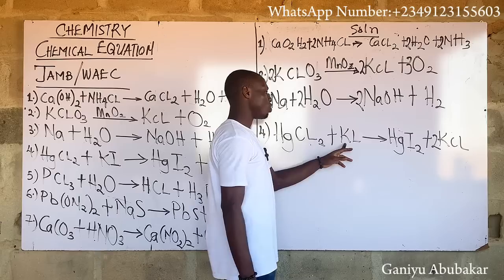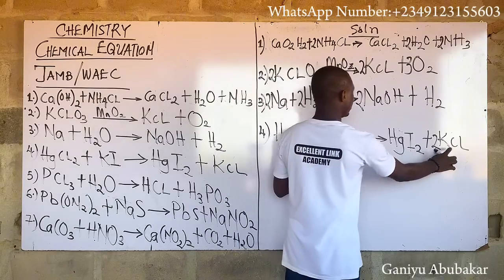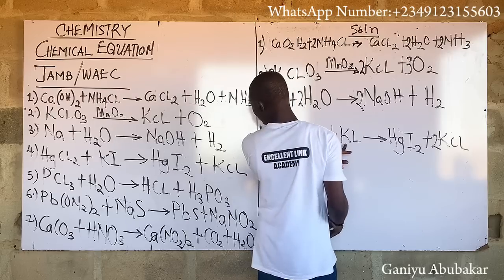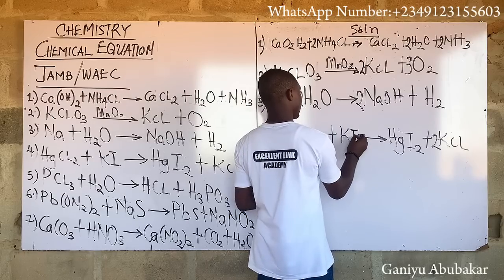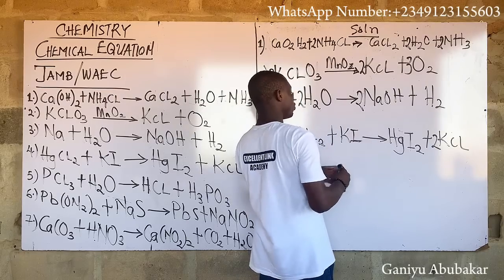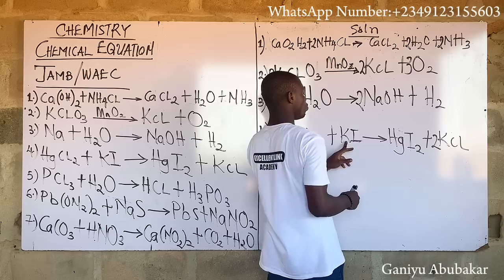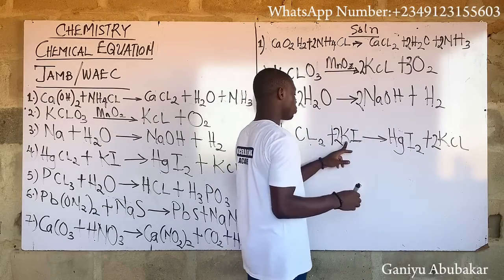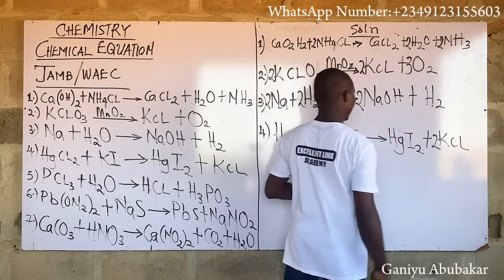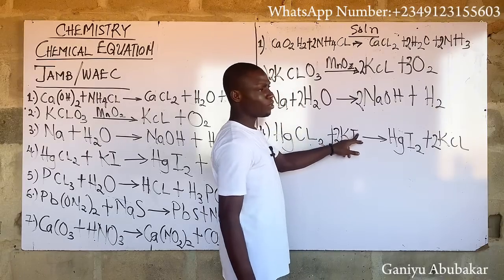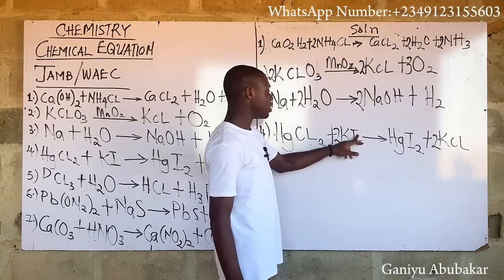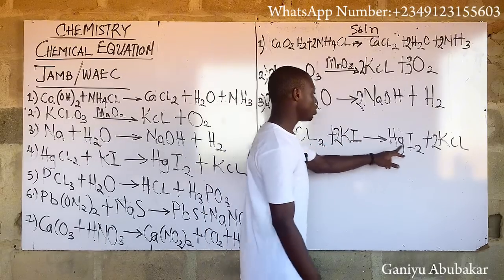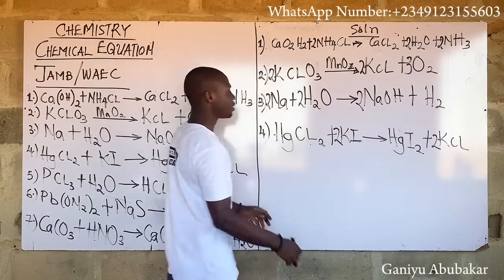K, potassium is 1 here, is now 2 in this case. Yes, I, please, not L, I. So potassium is K, is 1 here, is 2 here. So to balance, I'll put 2 here. So I have a 2 potassium balance. Iodine is 2 here. Iodine is 2 here. So it becomes a balanced equation.